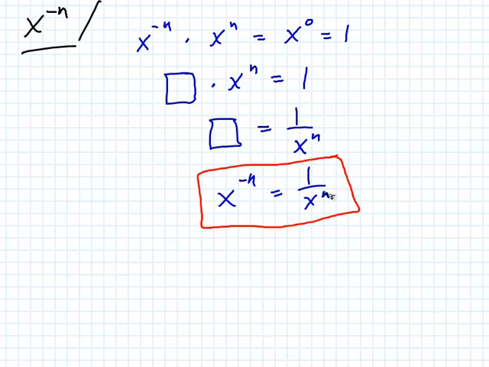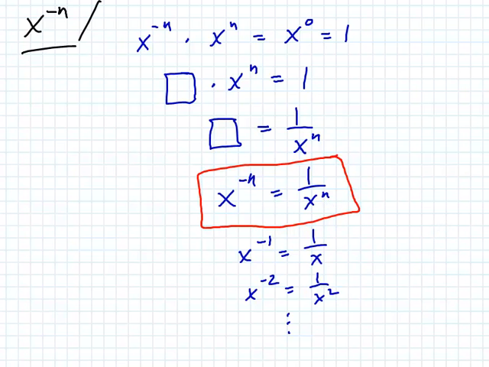Let's look at some concrete examples of this. Let's look at x to the minus 1. That would be 1 over x to the 1, or simply 1 over x. X to the minus 2, 1 over x squared, and so forth. Okay? X to any negative power would be the reciprocal of x to the positive version of that power.